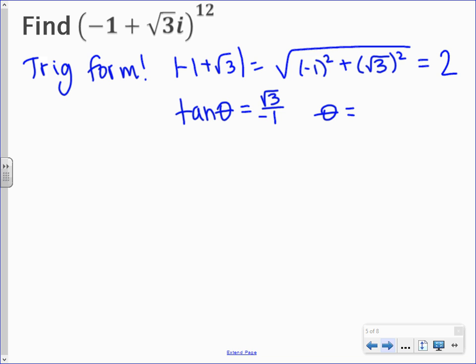And if you use your calculator, no big deal. Our reference angle is 60 degrees. However, our angle is not 60 degrees because we're not in the first quadrant. Think about the quadrant we're in. Think, don't say. Now think about if our reference angle is 60, in that quadrant, what should our angle be?